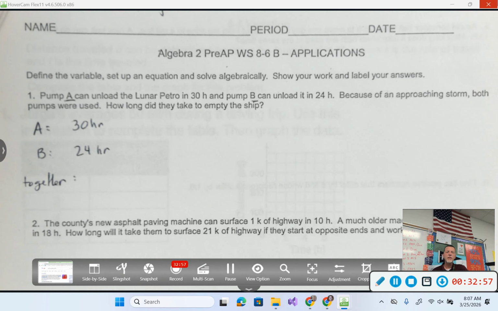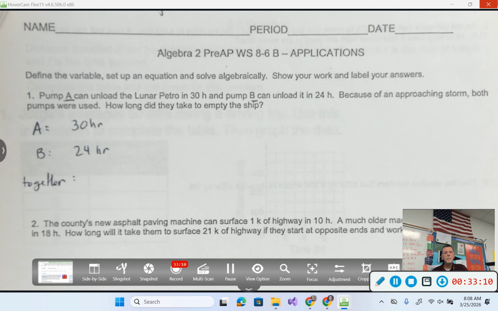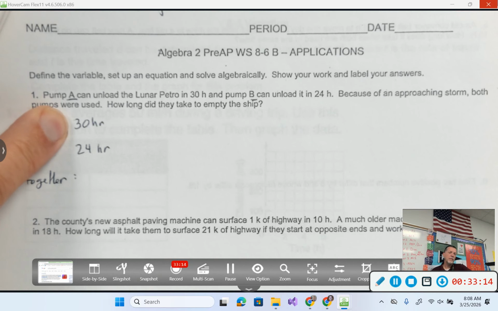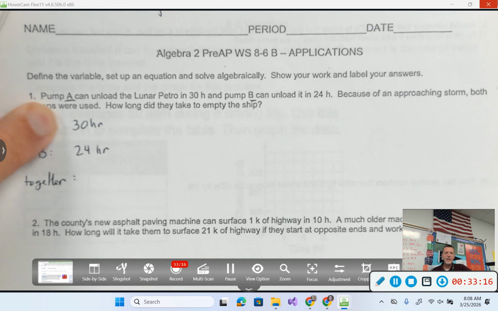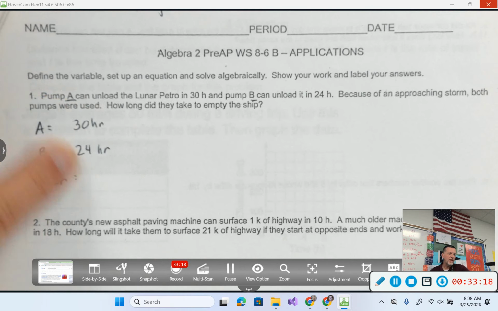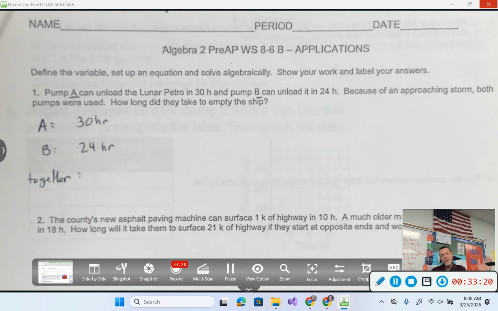So together, what do you think? More than 30? Between 24 and 30? Less than 24? Less than 12? More than 12. Let's get real specific here. Good, more than 12. But probably less than 15, right? Because if it was 2 pump A's, it'd take 15. So I'm pretty sure my answer is going to be between 12 and 15.